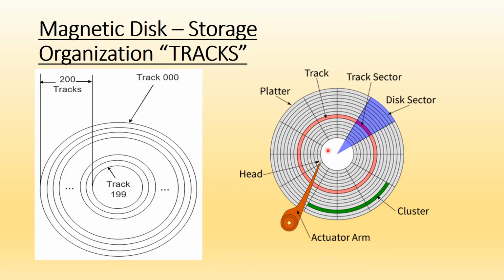This is what is going to be reading the information. This part is what reads the information in a magnetic disk. So these are the sections, the divisions, or the main parts of a magnetic disk. It is very important to remember.